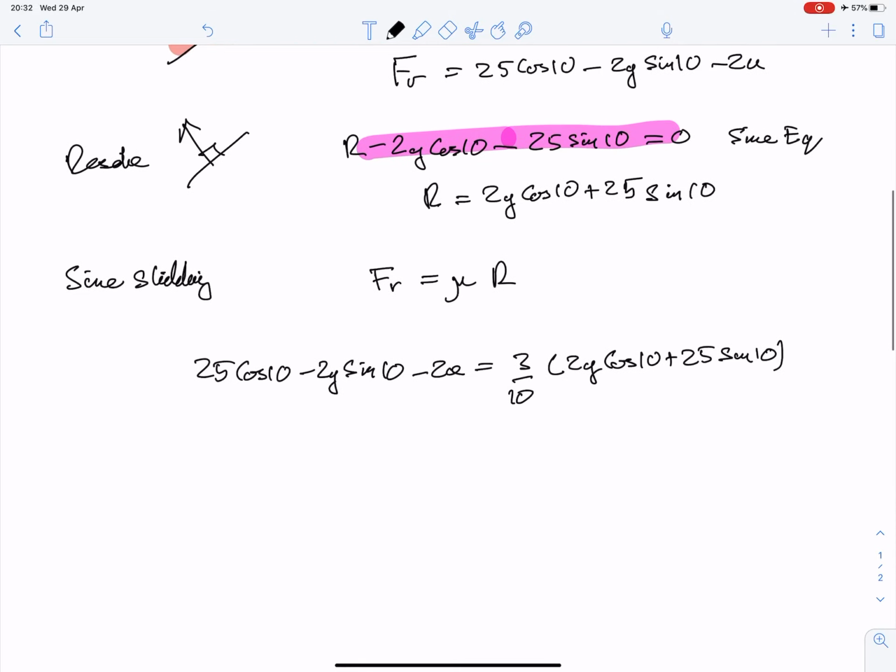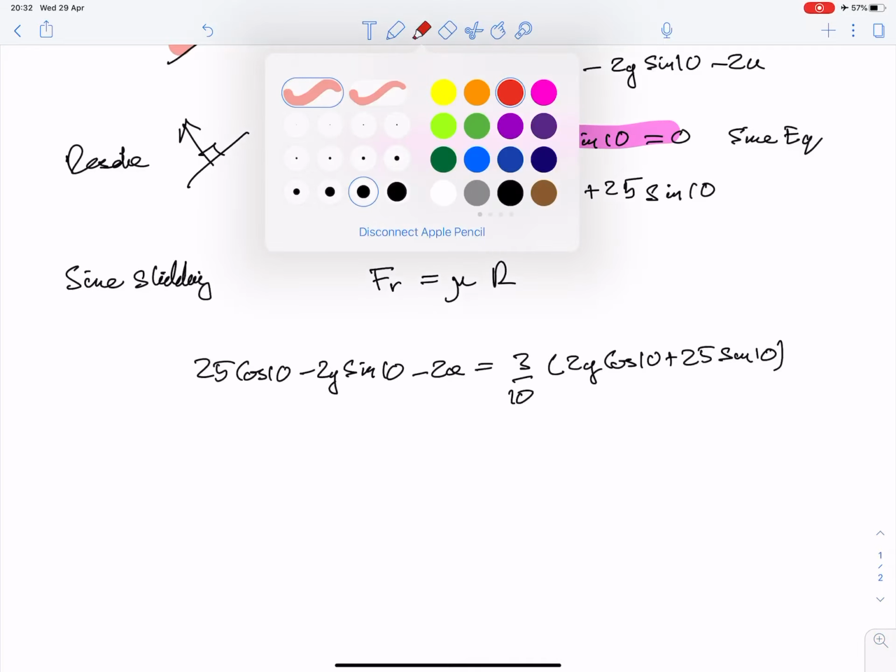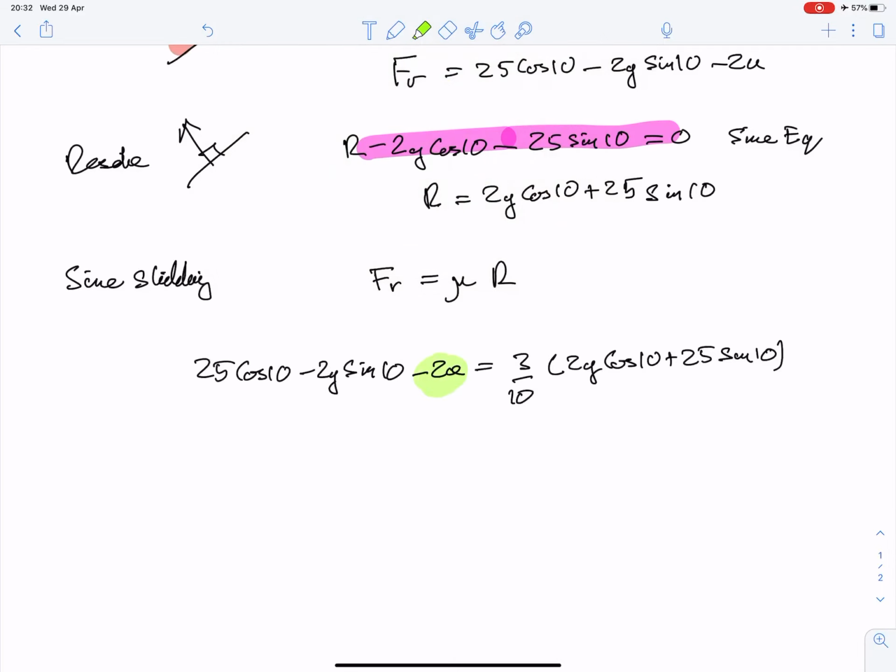Okay, so now all we've got to do is collect these together in the right way, because there's now only one unknown left in the equation, and that is the a. So let's make that positive, add the 2a across, and then on this left-hand side we're going to have 25 cos of 10 minus 2g sine of 10 from above, and then we subtract the rest of it from the right-hand side.